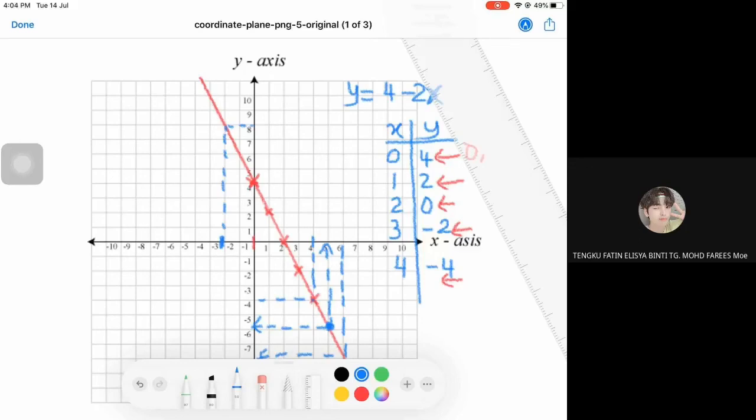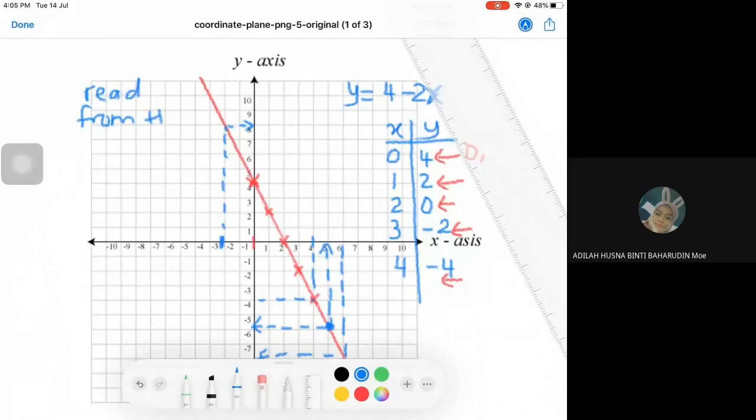Daripada X axis, nilai X, kita nak cari nilai Y, we just make a dotted line until it reach the graph yang merah tu, and then you map onto Y axis. So dapat kat sini. Berapa nilai Y? Bila X negative 2, Y berapa? 8. Y is 8.